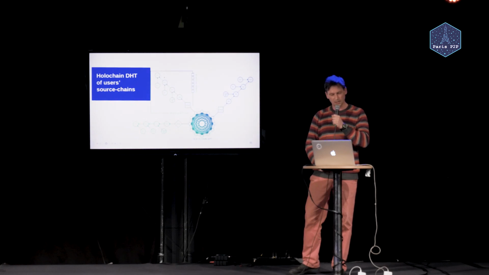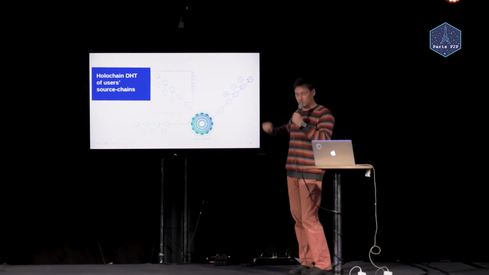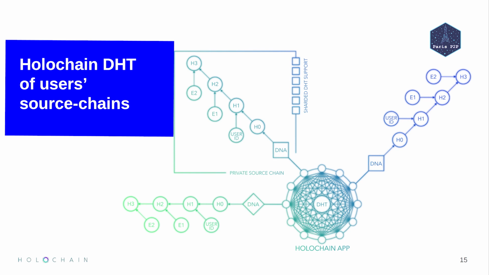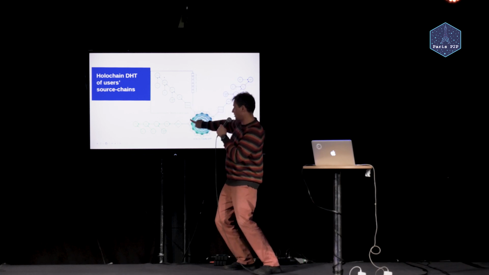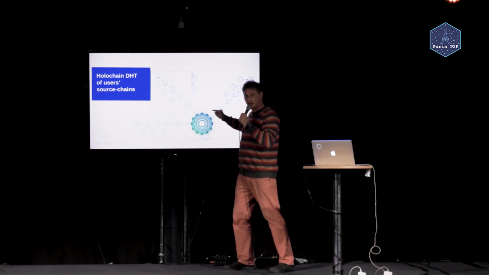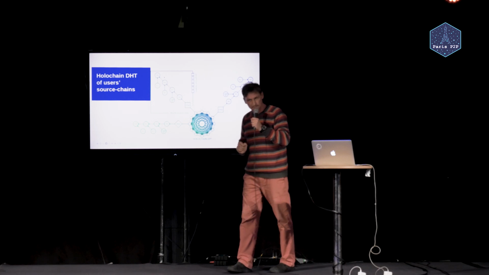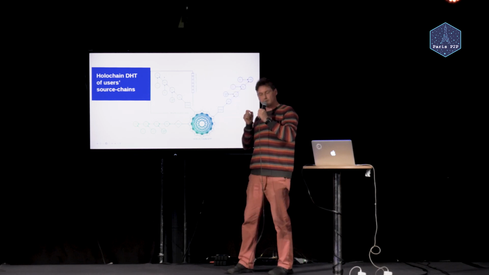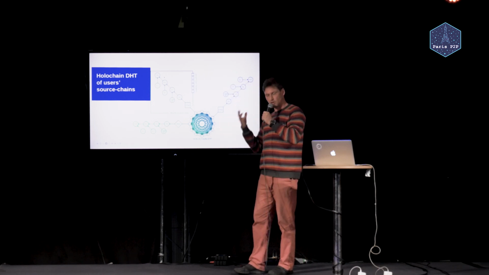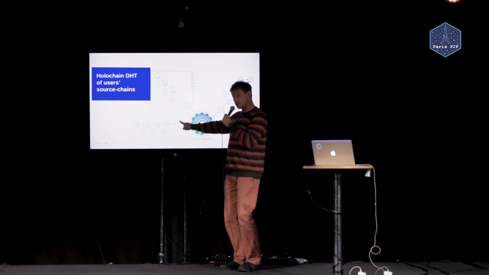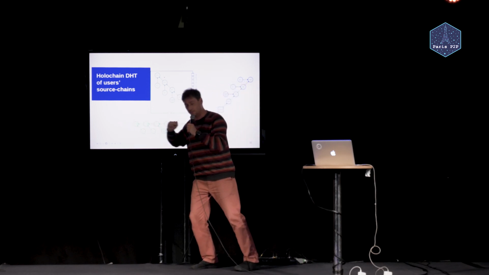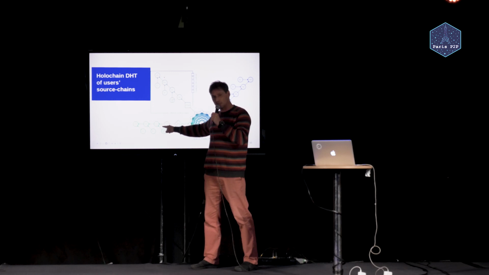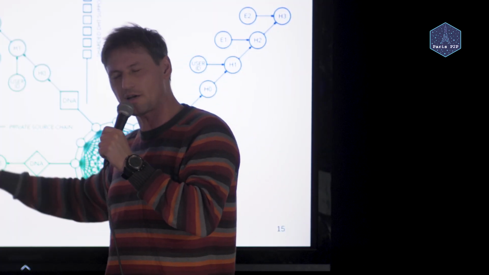And this is the model of how Holochain stores data. Like in every presentation, there's one slide that's way too difficult for everyone, and that's the one. So if you don't look at this first, you only look at that. Those are how the users store their data. Whenever I try to send information to the Holochain network, I create my local chain on my local computer, and that is actually a cryptographically validated chain.